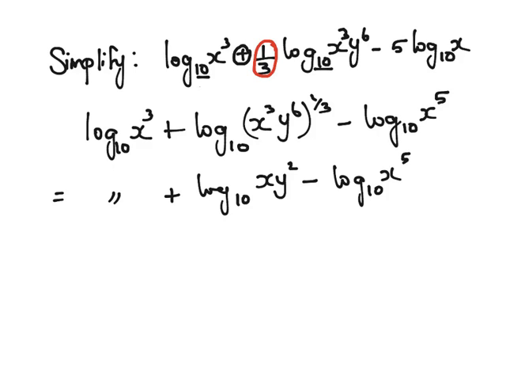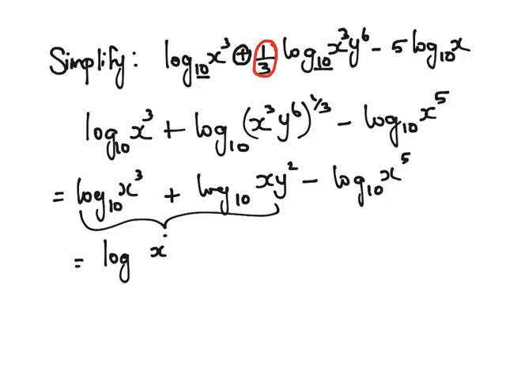Okay. So basically this will be nothing but log x cube to the base 10. So let me use the product rule here. This means log of x cube multiplied with xy square to the base 10 minus log x power 5 to the base 10.